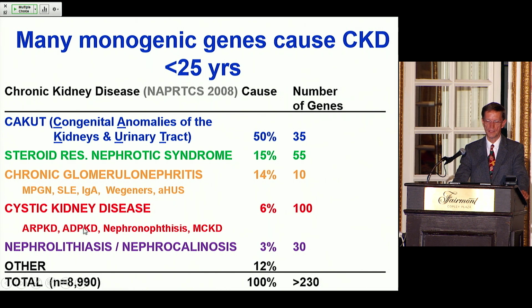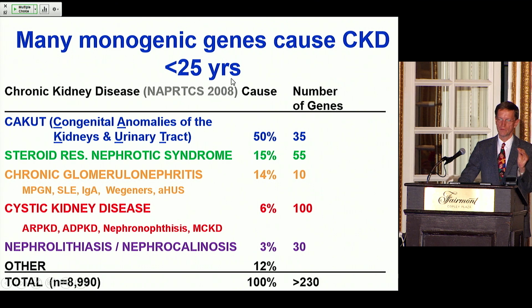That includes ARPKD, ADPKD, 20 genes for Bardet-Biedl syndrome, another 20 genes for nephronophthisis, genes for Alström syndrome, genes for Joubert syndrome, and so on. And there are 30 genes that are monogenic causes of nephrolithiasis and/or nephrocalcinosis. So altogether about 250-ish.